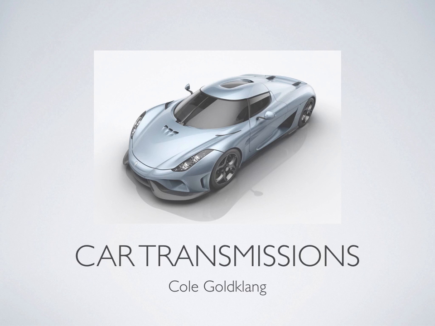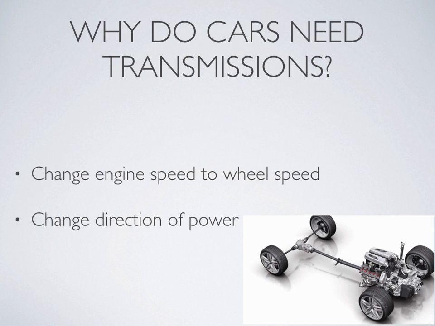For example, imagine you turn your car on and put it in drive, and you're moving very slowly. Your wheels aren't turning that fast, however your car's engine is turning at like 1,000 revolutions per minute. That's all transmission. So the three main components of a transmission are the gearbox, the clutch, and the differential.